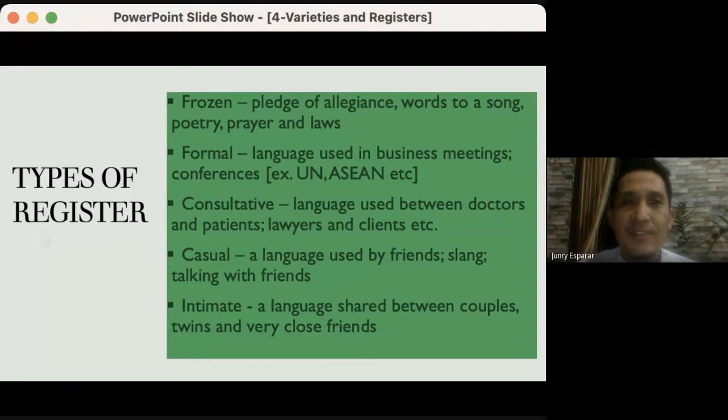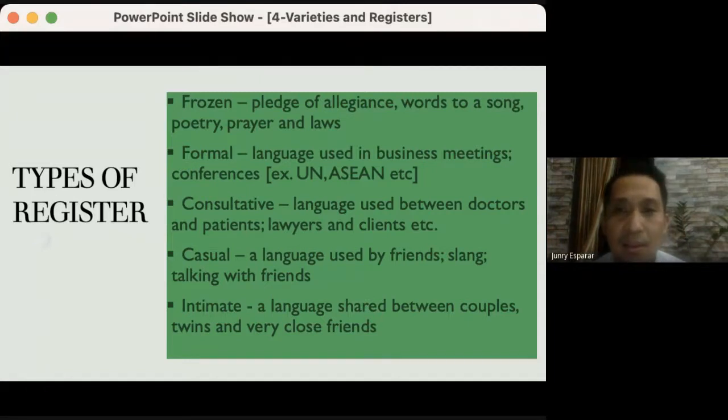Frozen, devoid of emotions, although poetry can be read in a manner that has feeling. But generally, for the Pledge of Allegiance, words to a song, poetry, prayer, and oath, we say it in a frozen register.